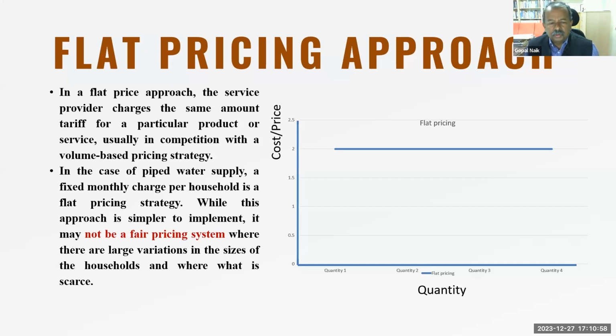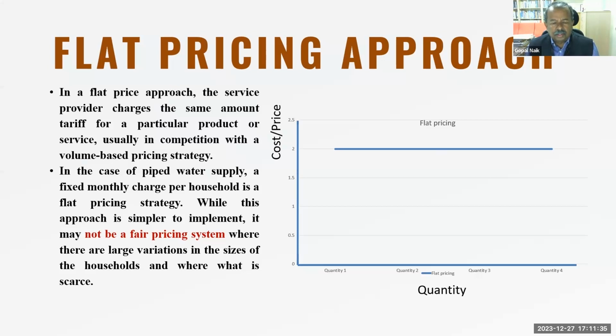And in many cases, generally at the VWSC level, most pricing is done using a flat pricing approach. While this approach is simpler to implement, it may not be a very fair system because there are large variations in the sizes of households. We have seen in some cases the number of household members could vary from 1 to 10 and so on.